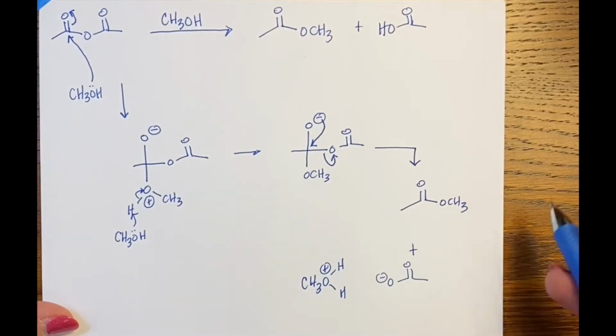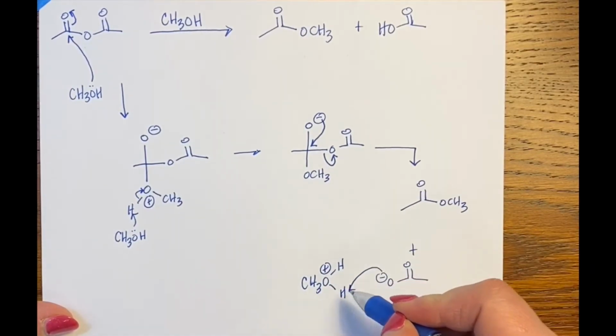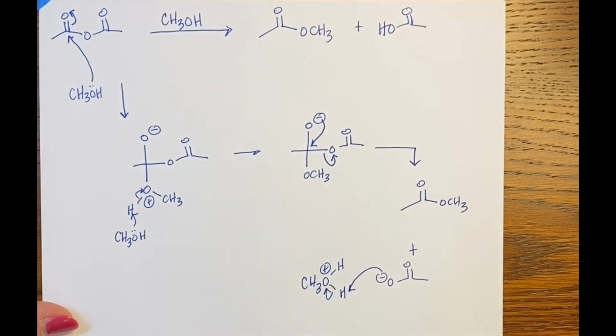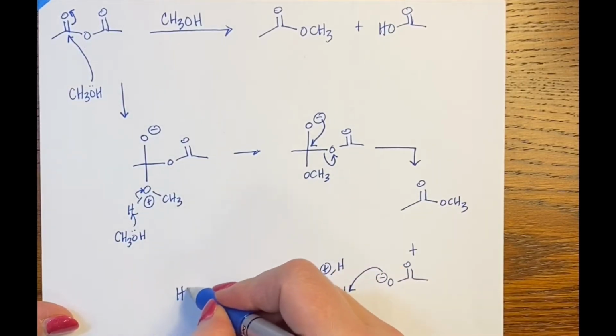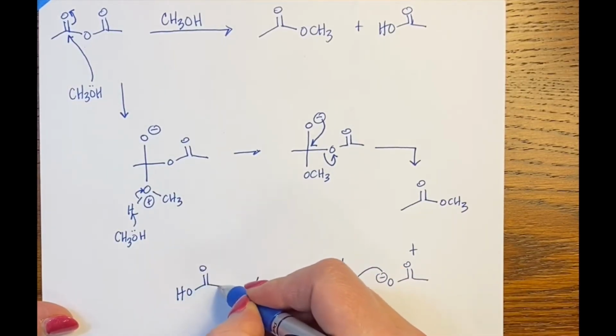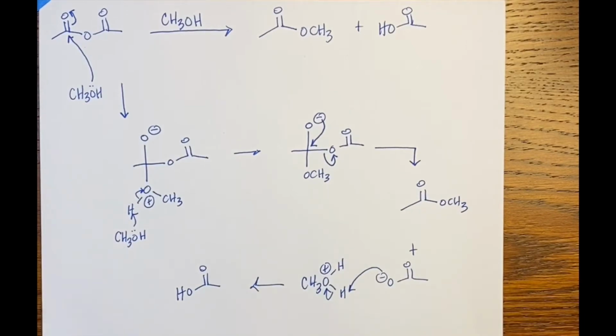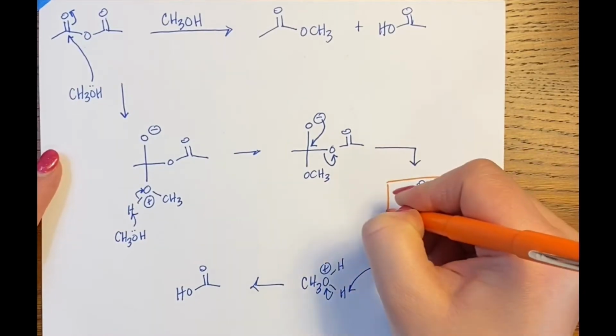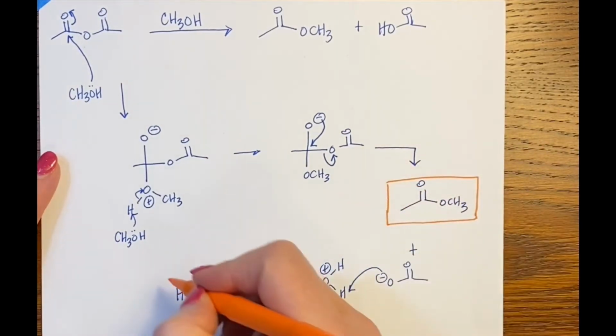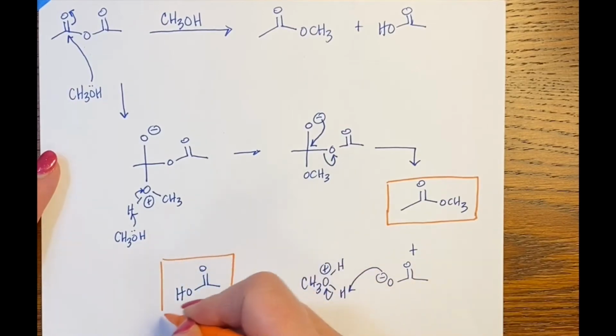And so this carboxylate ion can take that proton from that molecule, give the electrons to the oxygen, and that's how I'm going to end up with my carboxylic acid as my second product. So overall, the two products that I get out of this reaction are the ester molecule that you see here and the carboxylic acid molecule that you see here.